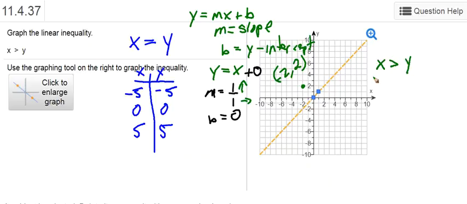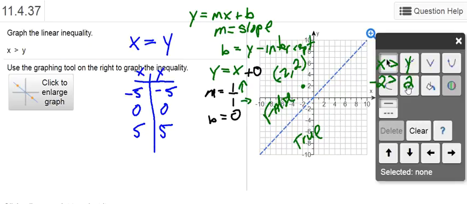Well, my x is -2. My y is +2. Is -2 greater than 2? No. So we know this side is false. This side must be true. So I'm shading to the lower section there. And my shade tool, and there we go.